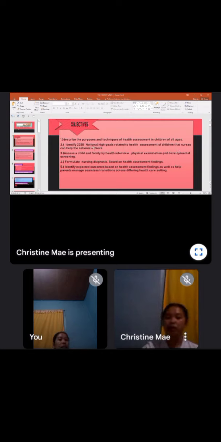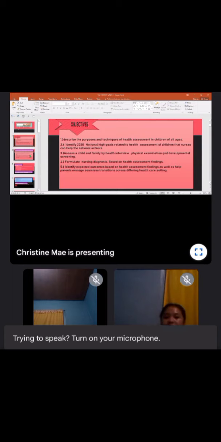Second, identify 2020 national health goals related to health assessment of children that nurses can help the nation achieve. Third is assess a child and family by health interview, physical examinations, and developmental screening. Fourth is to formulate nursing diagnosis based on health assessment findings, and the last is identify expected outcomes based on health assessment findings, as well as help parents to manage seamless transitions across the different healthcare settings.